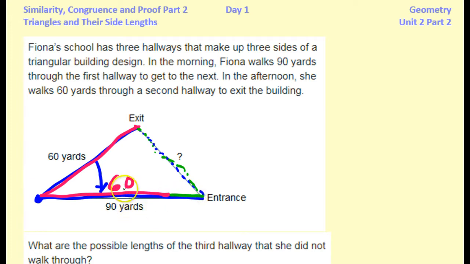Alright, so what's the difference between 90 and 60? Well, that's going to be 30. So that's the minimum. So I'm going to write down 30. So 30 is less than x. Okay, this is the lower bound. Alright, so this side has to be bigger than 30.